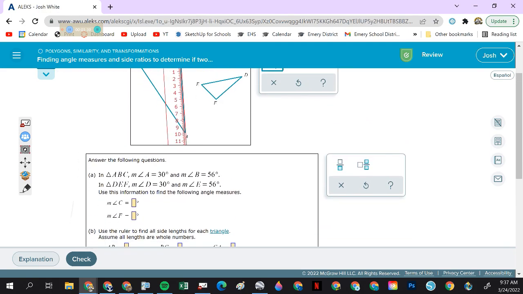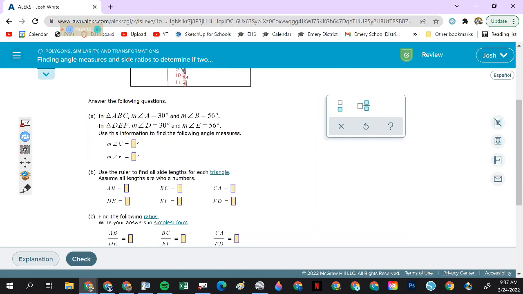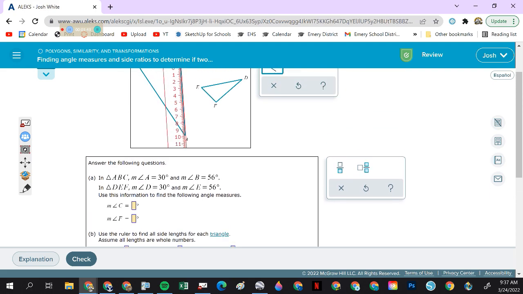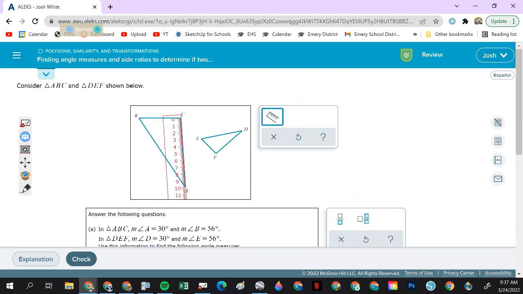So we would say the length of AC was 10, or CA. The length of CA is 10, and then you measure FD. So from F to D is 5.